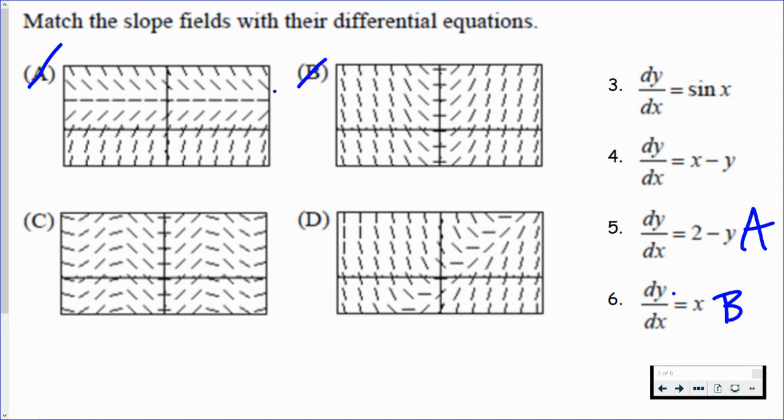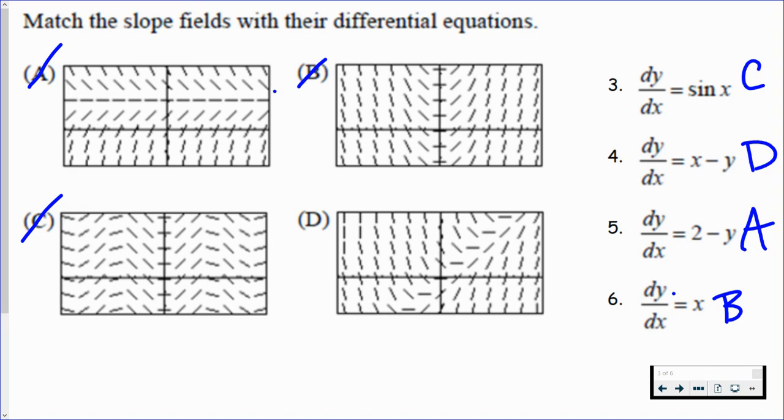Also think about sine function is a derivative of a cosine function, and so our slopes should be periodic because our functions are periodic. And that seems to match up with C. You can plug in some values and make sure, like we talked about, that it matches up with C. And then by process of elimination, 4 has to match up with D.